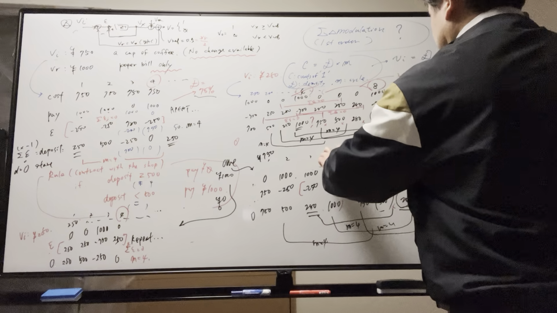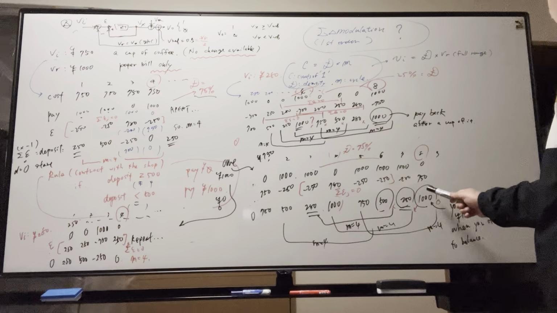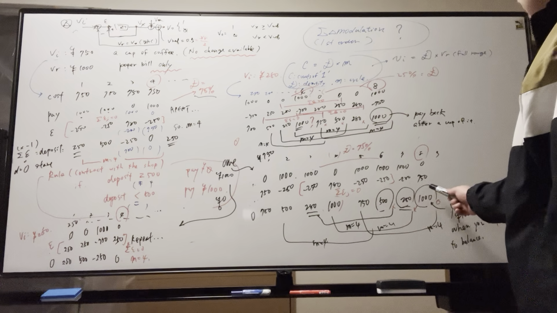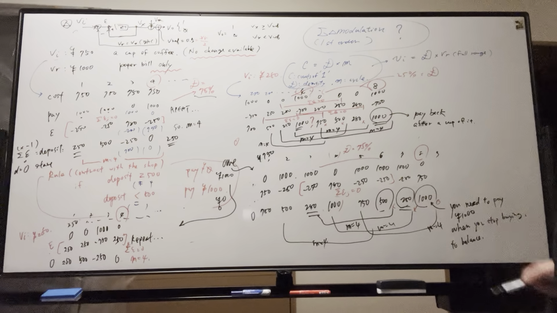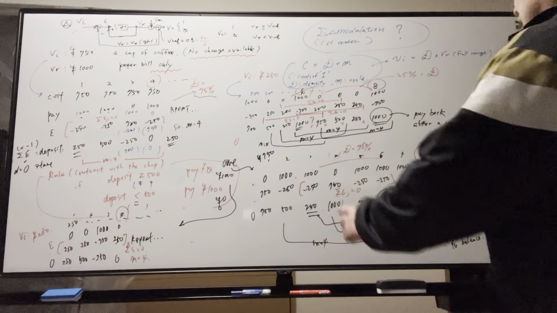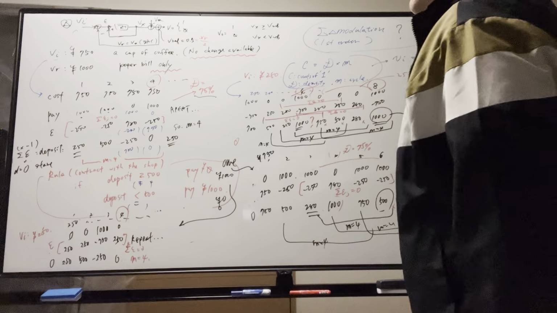So at this point you can stop, and you only pay back 1,000 yen after drinking 8 cups of coffee, so 1, 2, 3, 4, 5, 6, 7, 8 cups of coffee, and 750 is balanced.